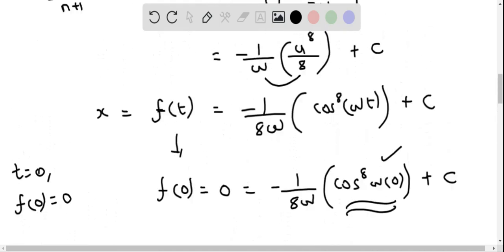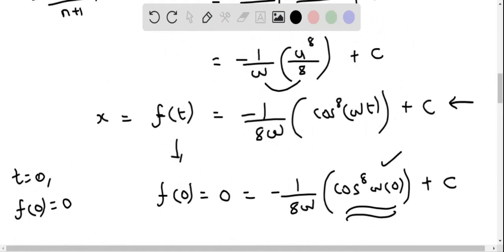All that we do now is go back to this function which we have already determined and substitute the value of the integration constant c.